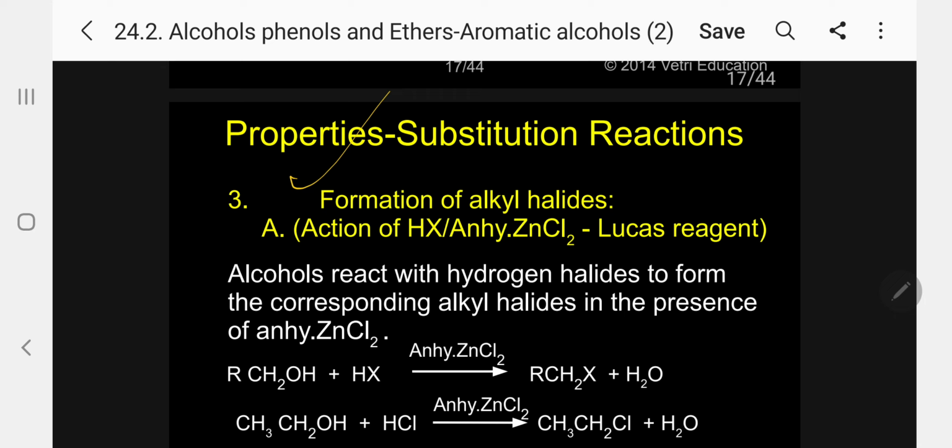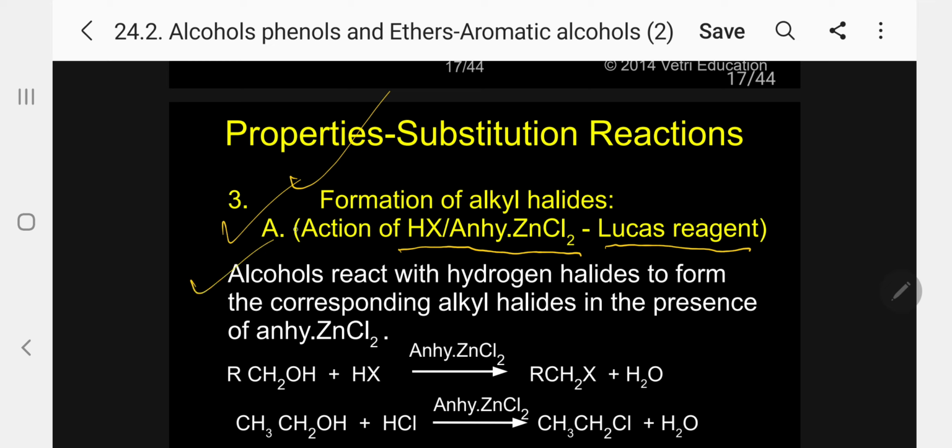It is actually a substitution reaction. So action of HX in presence of anhydrous zinc chloride, it is called Lucas reagent. We will be discussing later the differentiation of primary, secondary, and tertiary alcohol. We will discuss this.